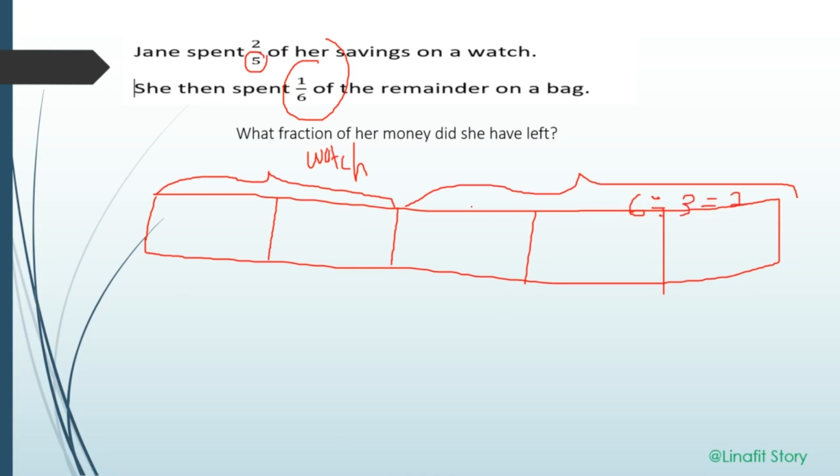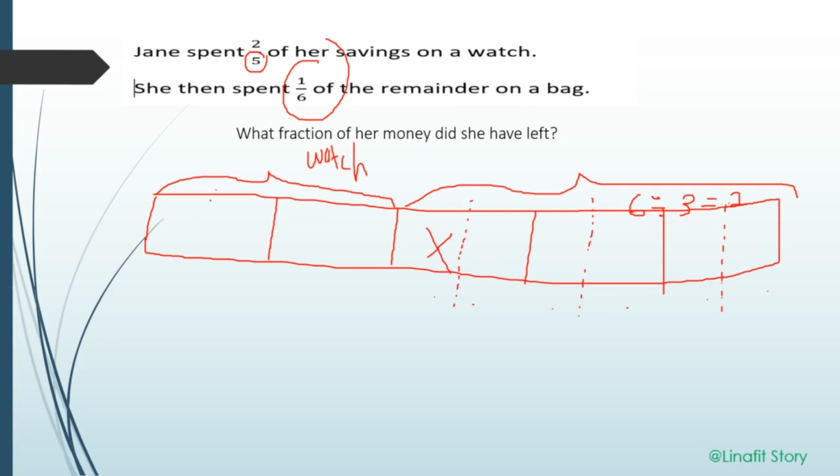So that's why each of it must be divided into 2 smaller parts. So now you can see that there will be 6 smaller parts. 1, 2, 3, 4, 5, 6. So that here is the 1/6 of the remainder.